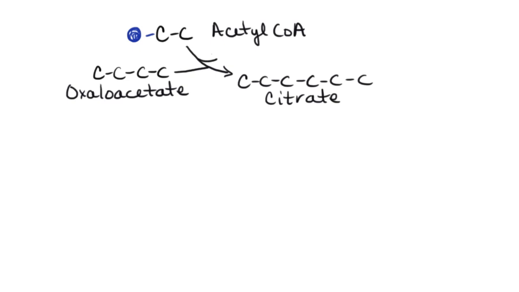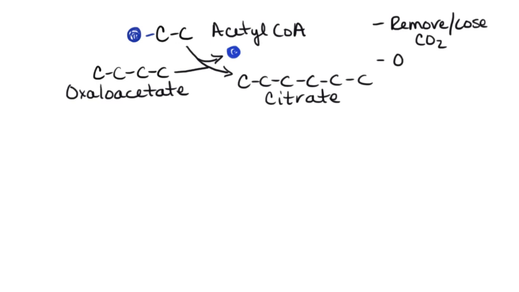At the same time that this happens, the coenzyme A part is going to get clipped off and that is going to leave. So we're really done with that. The next part of all of this is that citrate molecule is going to move around this cycle, and a few things are going to happen. We are going to be removing or losing carbon dioxide.